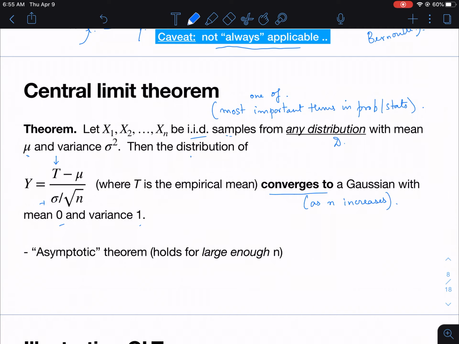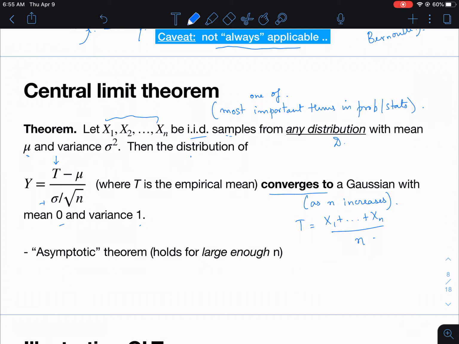At first sight, this seems like a very weird theorem, right? You have a bunch of samples, and it's talking about the mean estimator, which is x1 plus x2 up to xn divided by n.